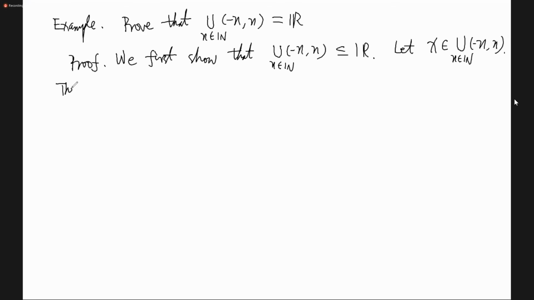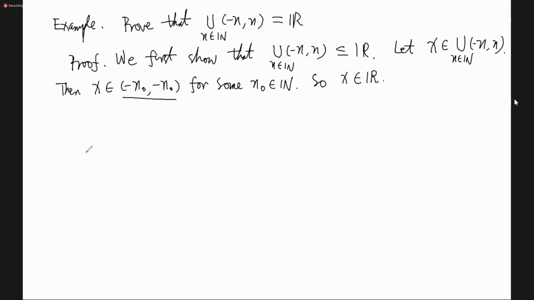Then x belongs to some interval for some n_0 in N. And then this is, of course, because the whole interval belongs to R, so x is in R. So this is clear because the whole interval here is in R. All right, so one direction is easy. So this is step 1.